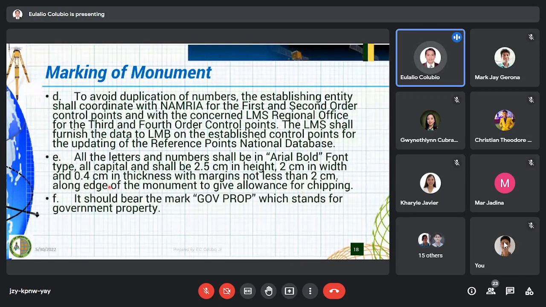Alright, so letter F. So timan ini class ha. When you are going to put some markings, no? Or names of the monuments and some other inscriptions, these things should be considered, no? So the monuments should bear the mark of government property. So sa among nahitabo class Cebu, wa na may space, no?